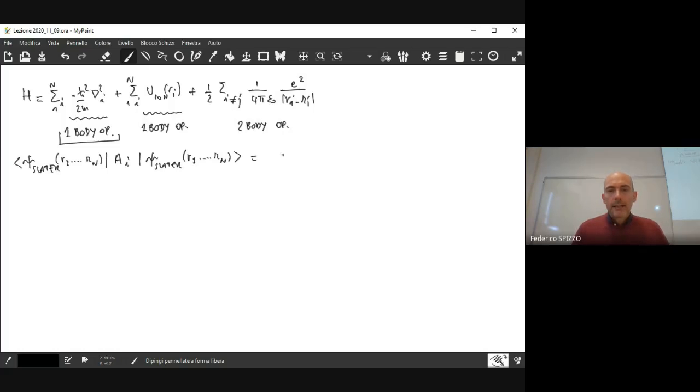So we know that the normalization factor of this Slater determinant is 1 divided by n factorial, then we write down exactly what we wrote before.